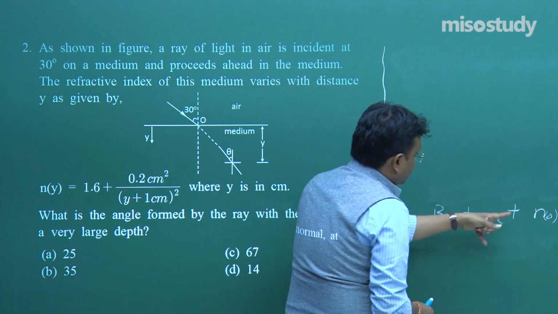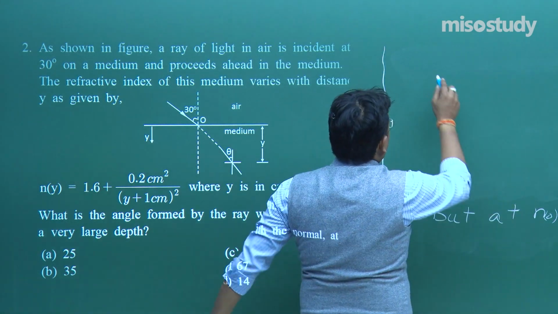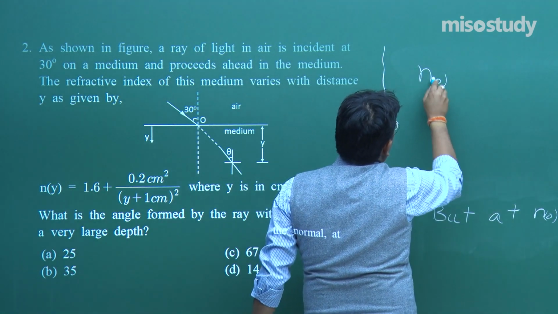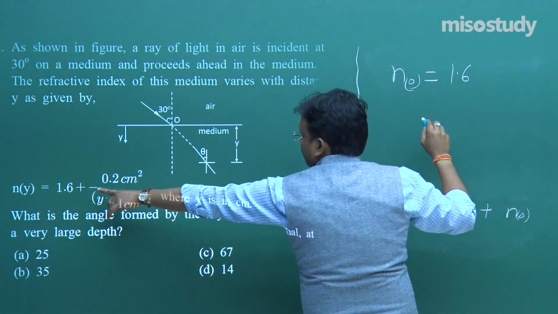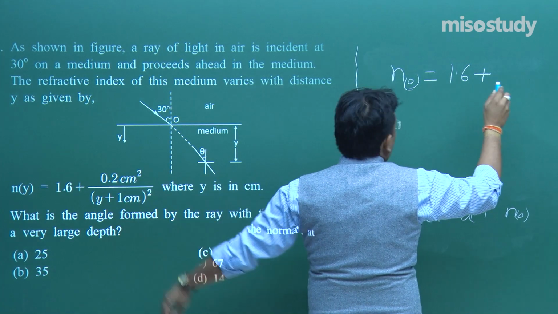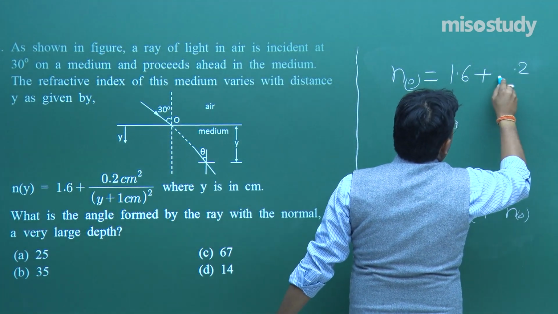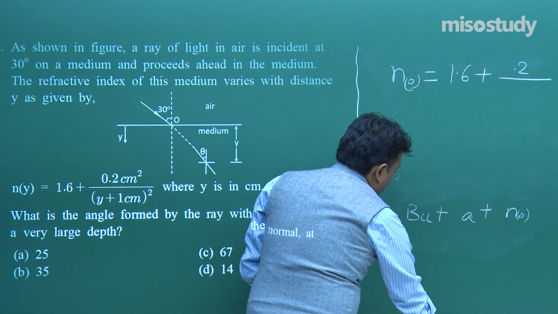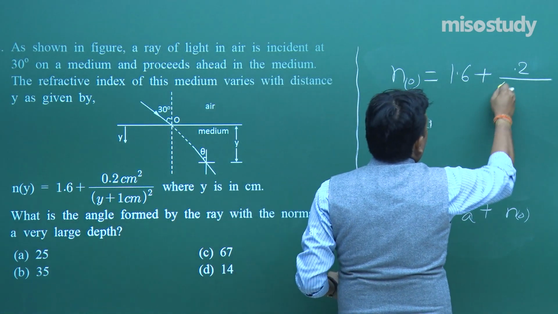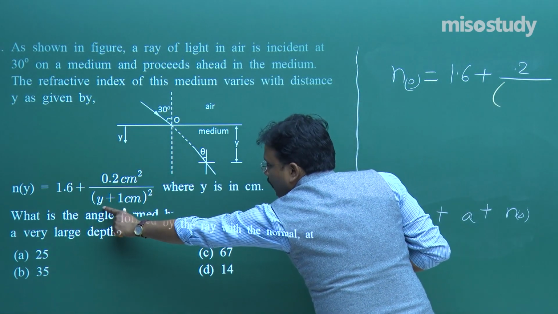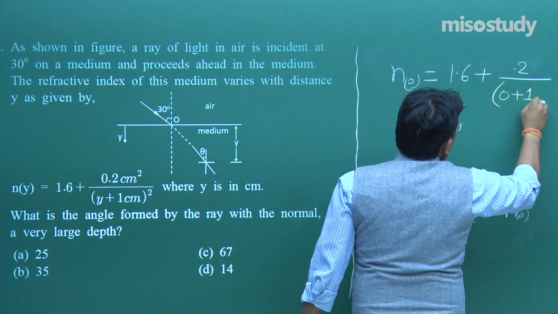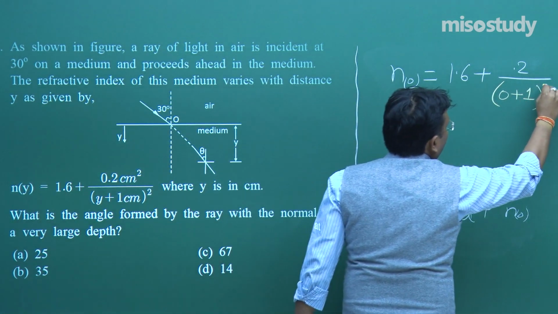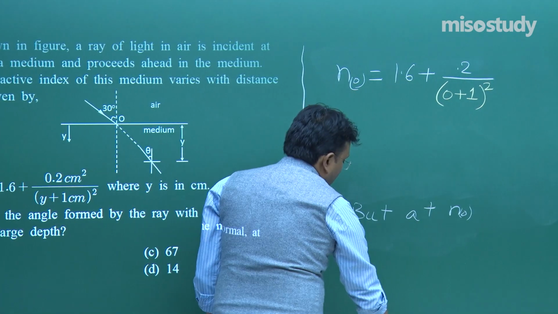Fine. So, n naught is equal to how much? n naught is equal to this value, 1.6 plus 0.2 upon the variation which I am going to use with a different value. What is the value of y over here? 0. 0 plus 1, that is why I am using this different color, squared. Fine.